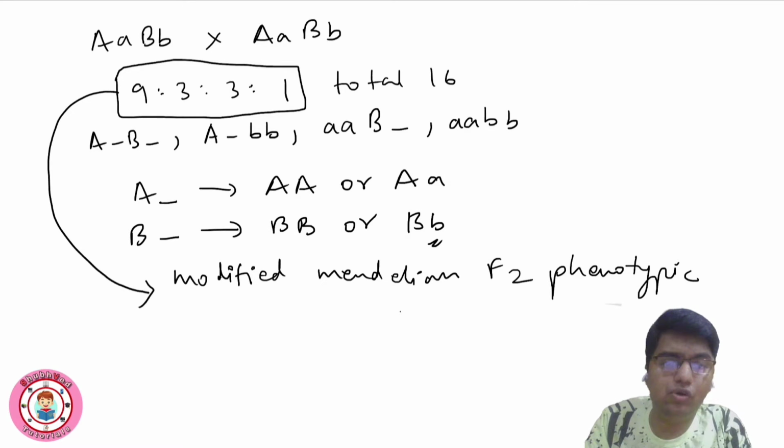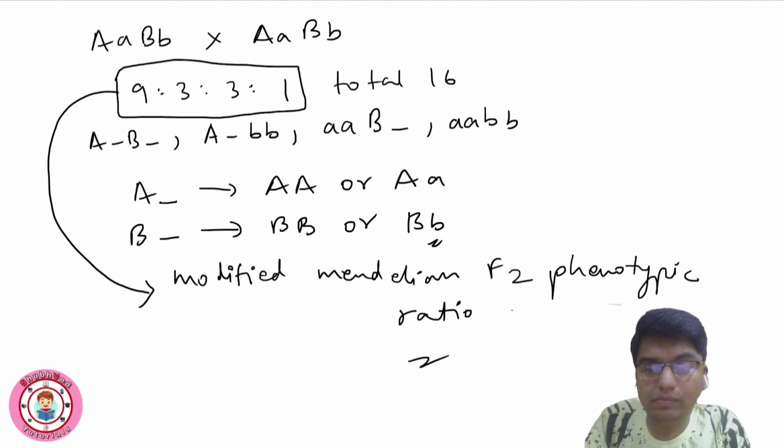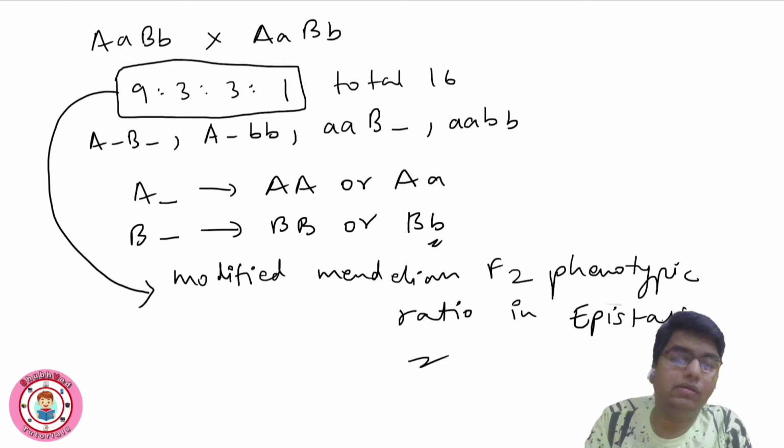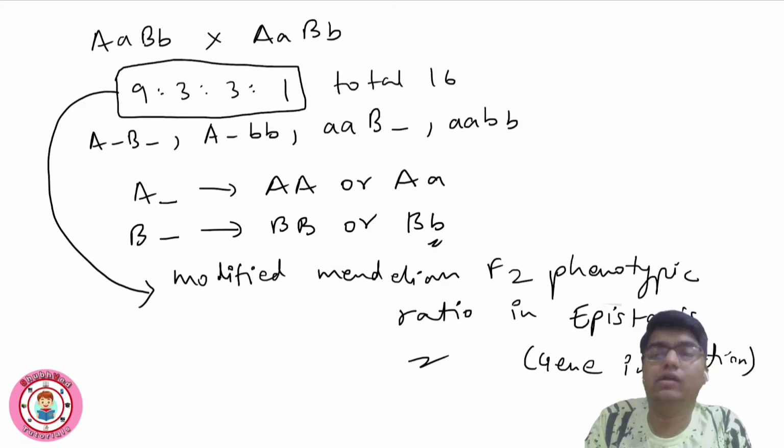So this ratio is modified in epistasis, or gene interaction, you can say. So what this tells us is that there is not one gene responsible for one trait. There can be many genes responsible for a single trait. So this is in short summary.